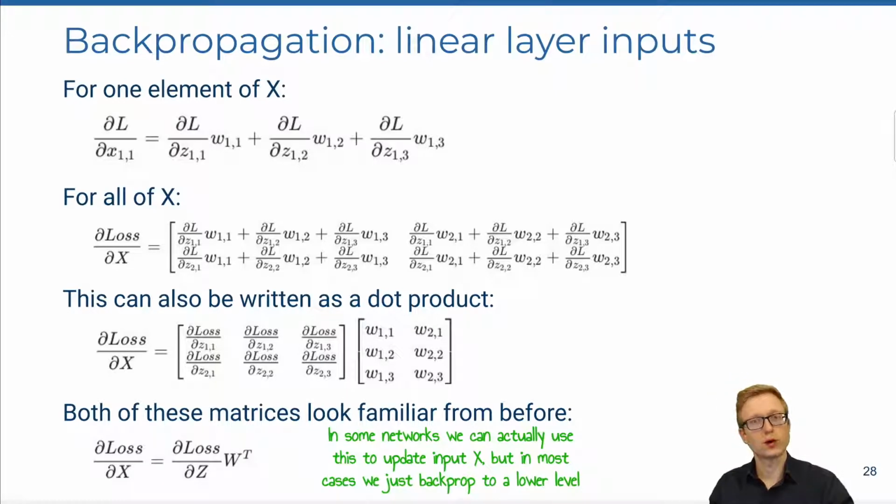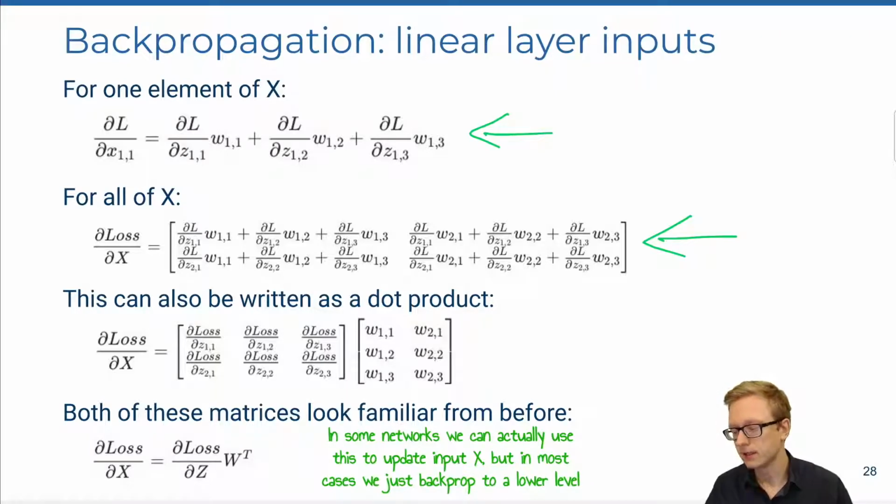Now let's work our way back up from an individual element to the whole matrix of X. So this is the equation that we found for the partial derivative of the loss with respect to x11. If we do this for all the elements of x, then this is what we got. So this is the partial derivative of the loss with respect to the full matrix x.